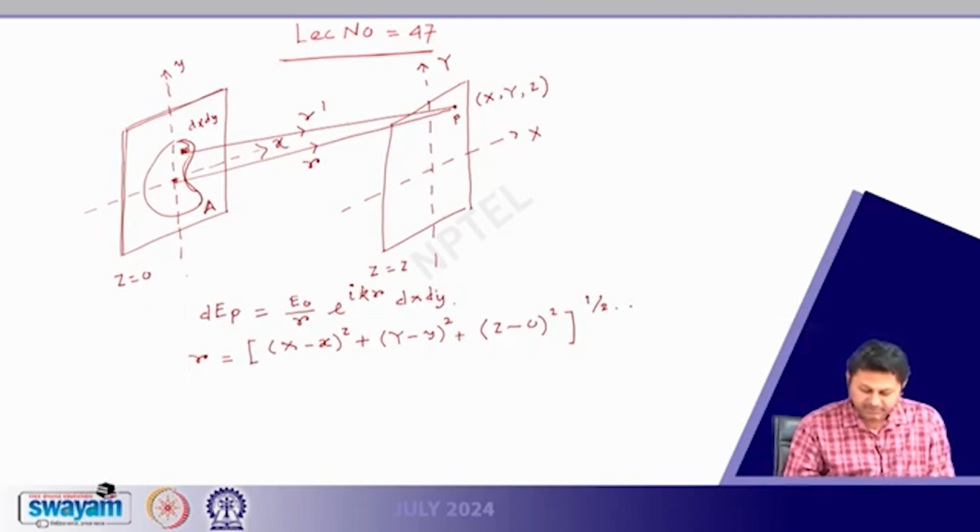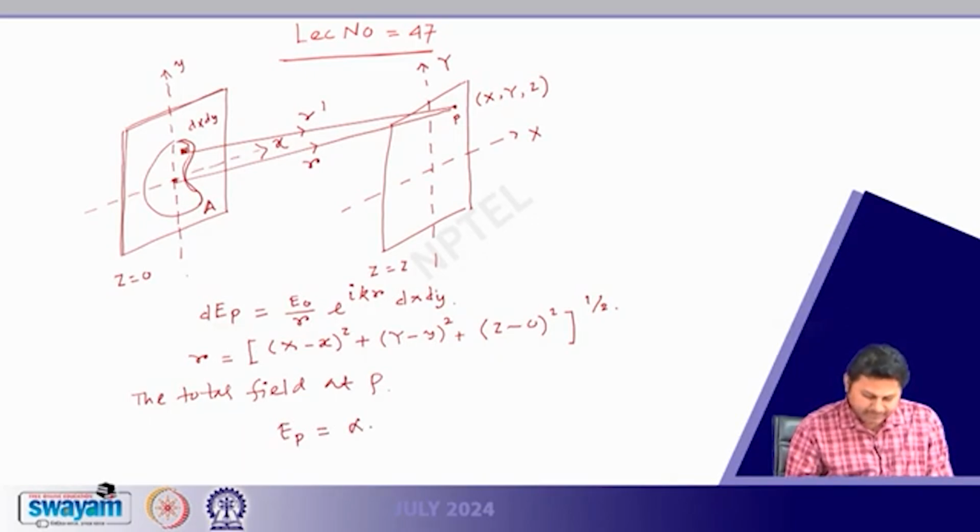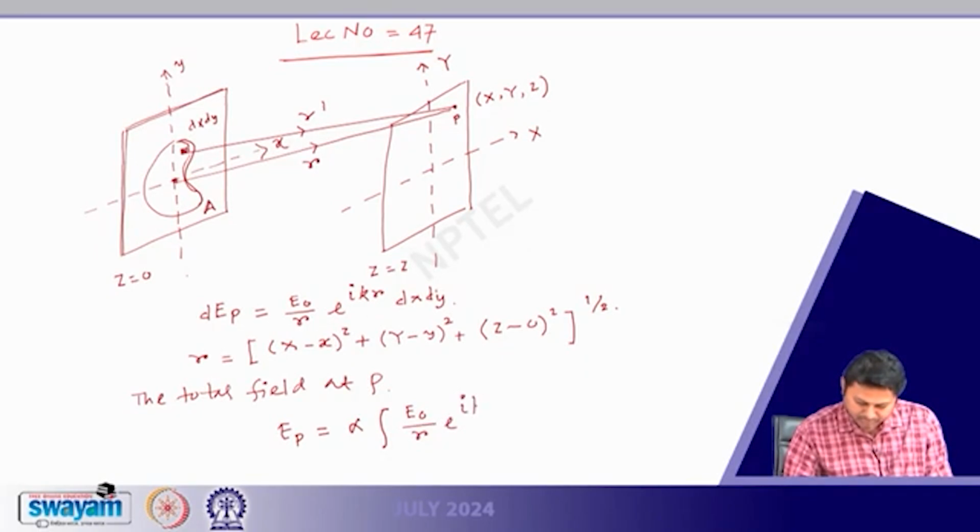Now the total field, if I want to calculate at P, will be simply E_P, that will be some proportionality constant alpha and then I need to integrate, where alpha is a constant.